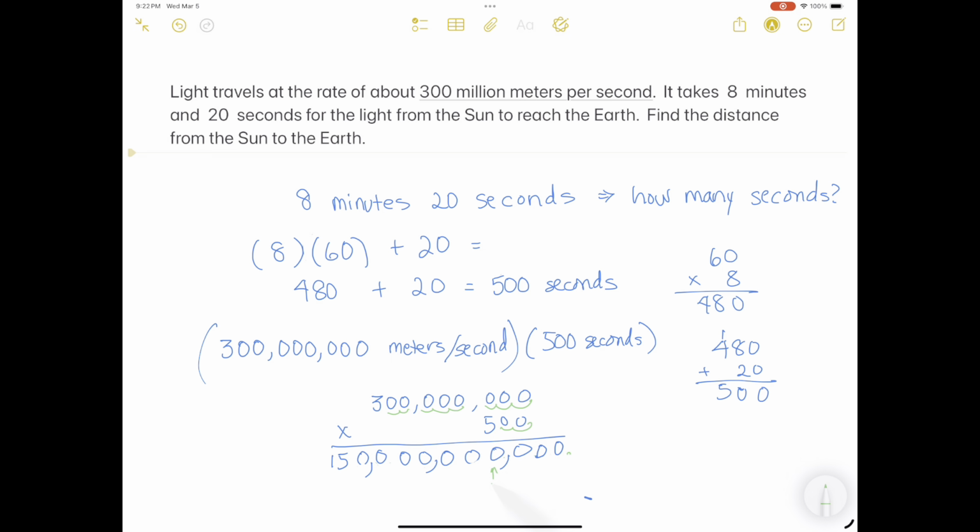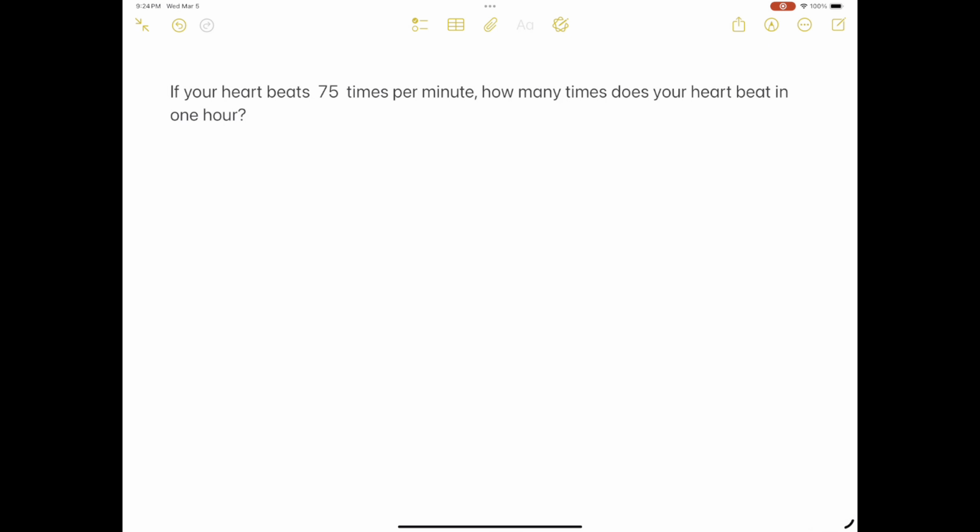And here I mark the thousands place, the millions place, and the billions to figure that I have 150 billion. So according to these calculations, we are 150 billion meters from the sun to the earth, and I box my answer.